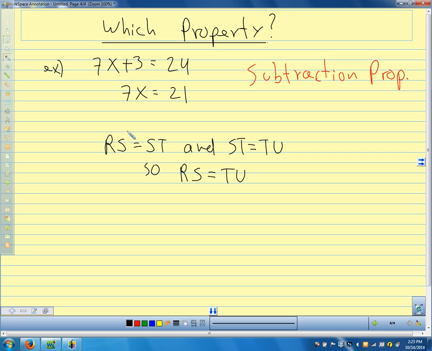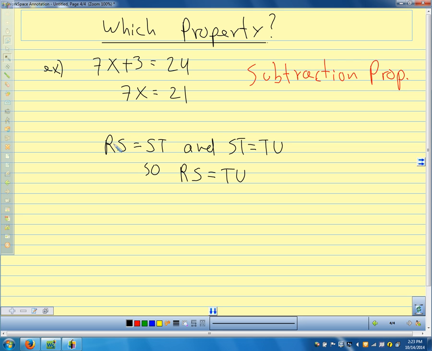So if it had a bar over it, it would be a segment, right? Without the bar over it, what does it tell us about the segment? What do we do with segments? How do we compare them? They can be congruent, or what can be equal? If segments are congruent, what's equal between them?